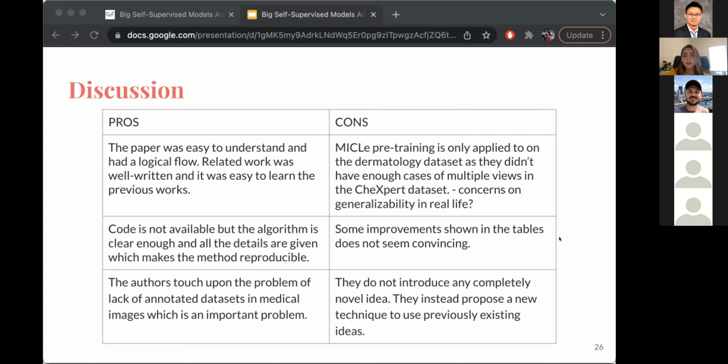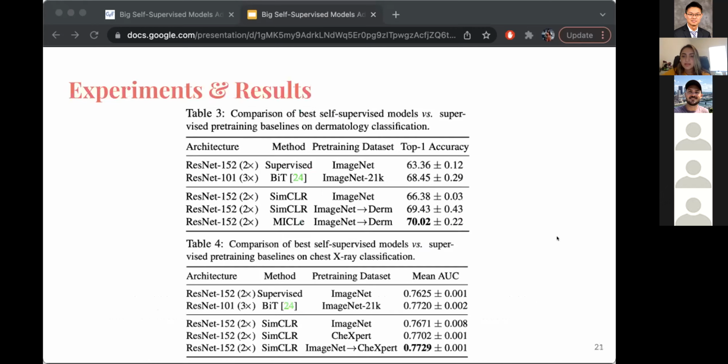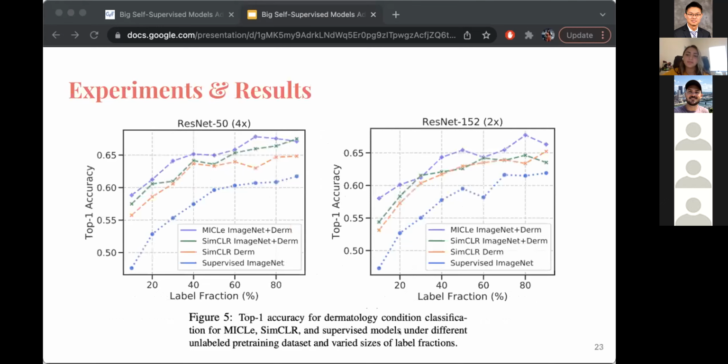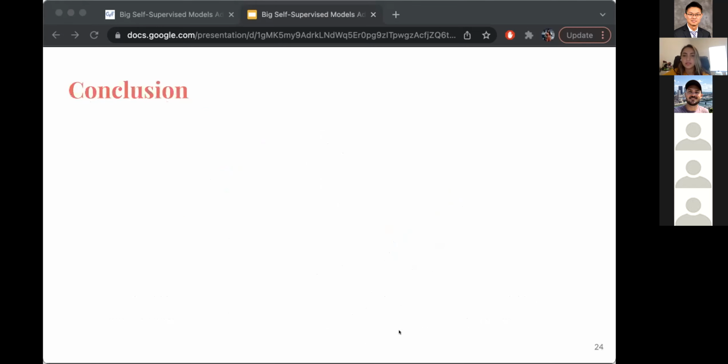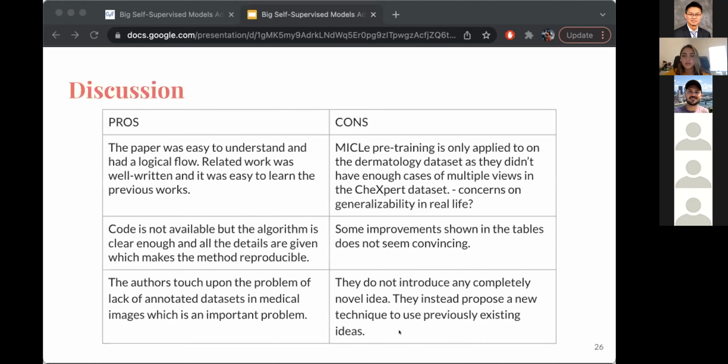And there's some improvements on the tables, but they didn't seem like huge improvements, like here, for example. So I don't know if that's a big improvement on this task or not, and I was concerned about that.